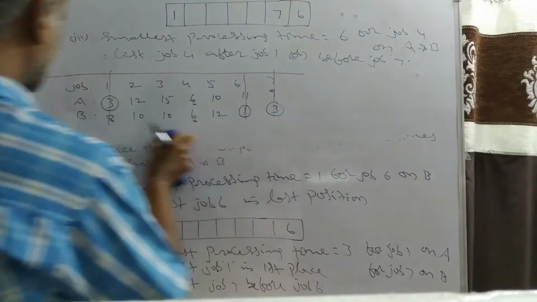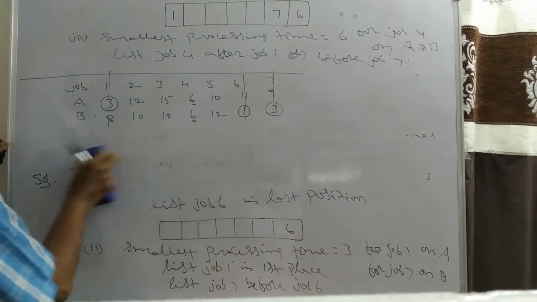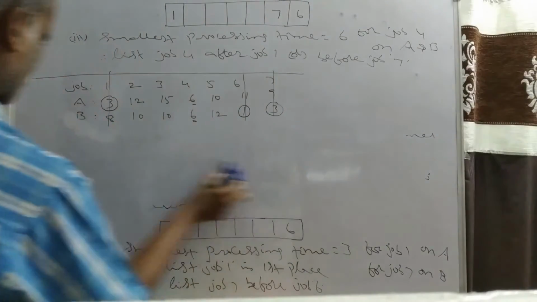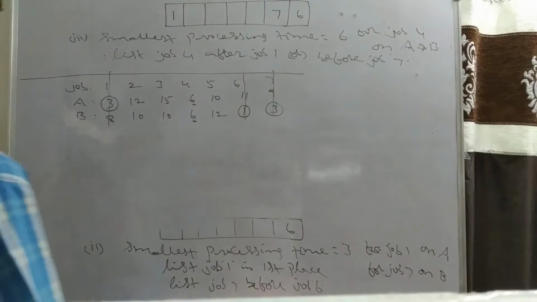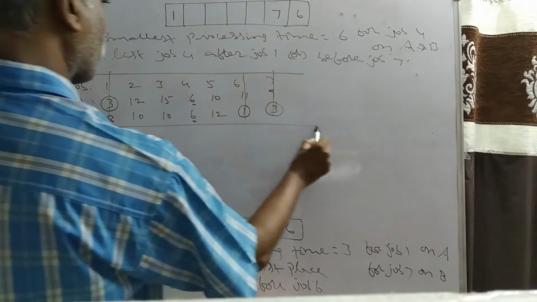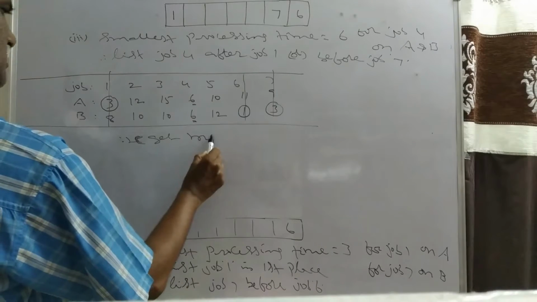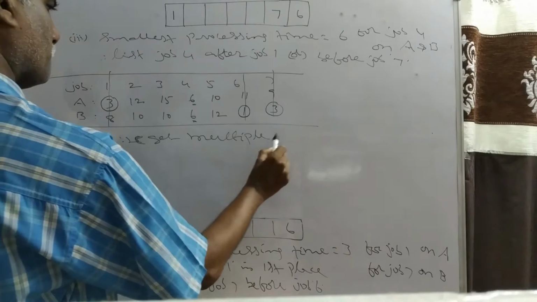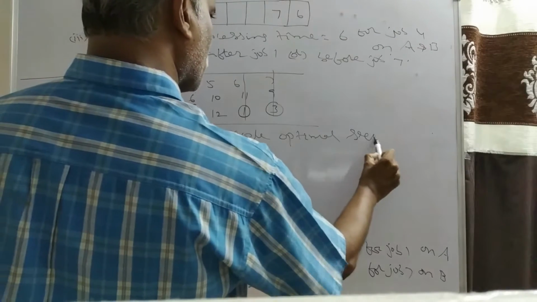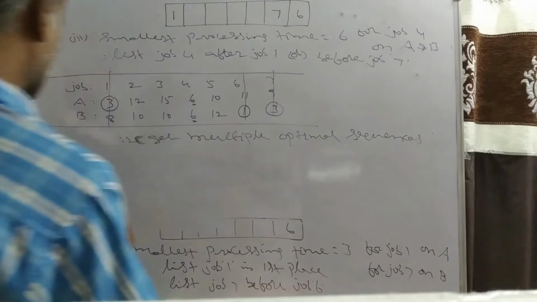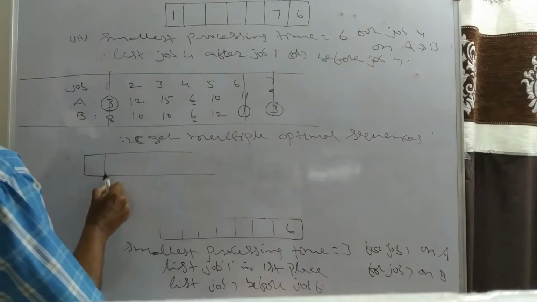So therefore we get multiple optimal sequences. Okay. So write the sequences.